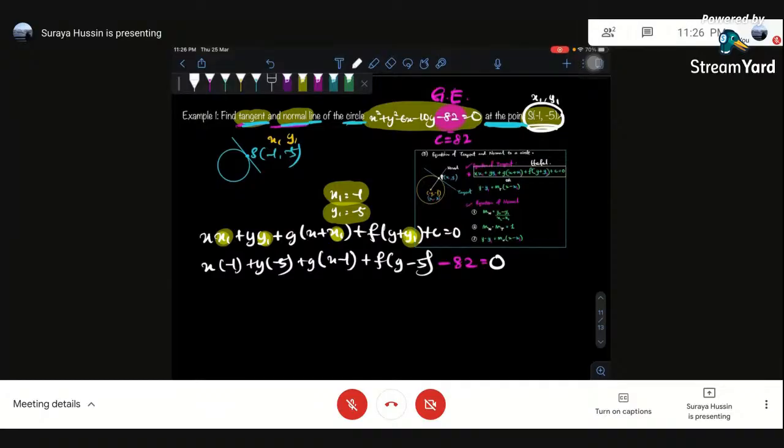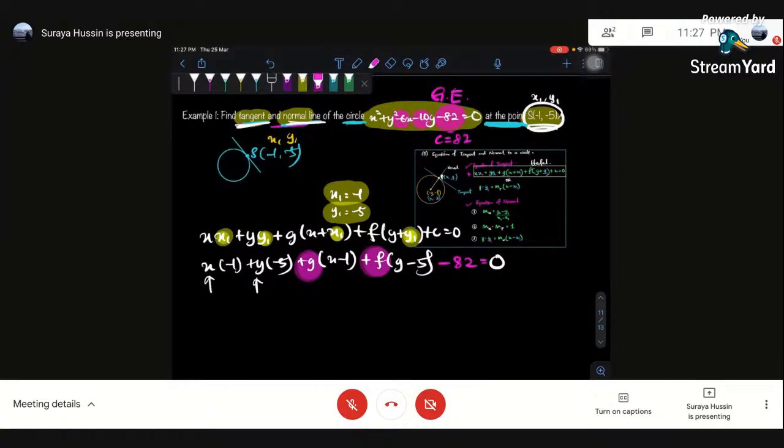So now, your job is to find, you have everything. You have x, y, of course dalam equation normal line and tangent line mestilah ada x dan y. Jadi yang you perlu cari sekarang ni adalah your g and your f. How to find your g and your f? It's according to this here, my dear.